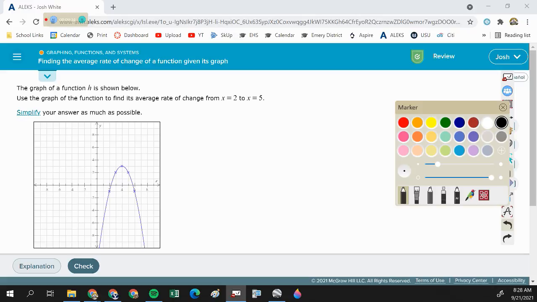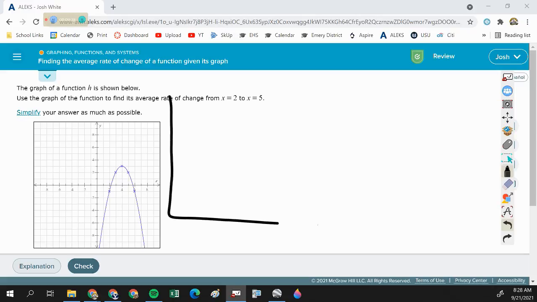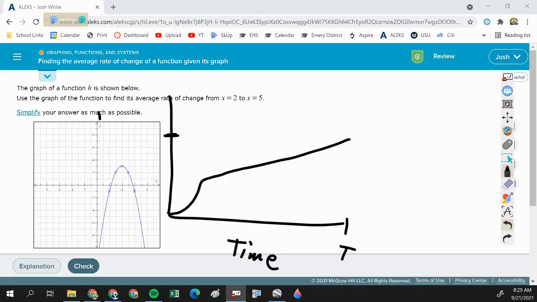So that was a speed graph. Now let's do a position graph. So position graphs are a little bit harder to do. So your position is going to look like this. Okay, and this is time, and this is distance.